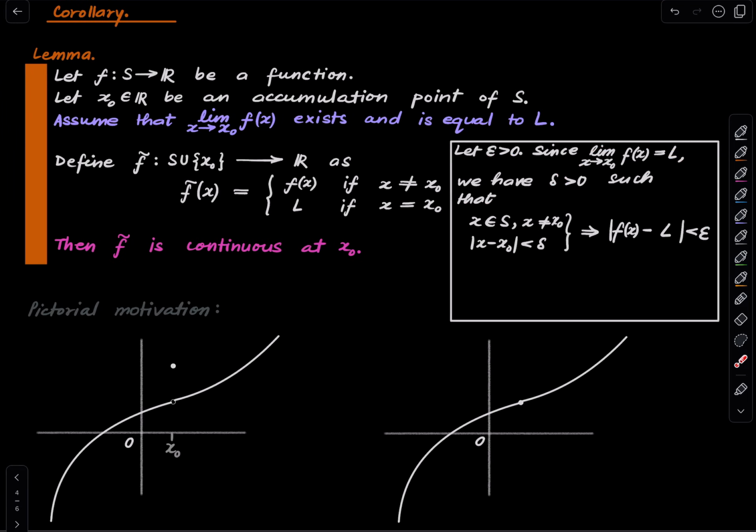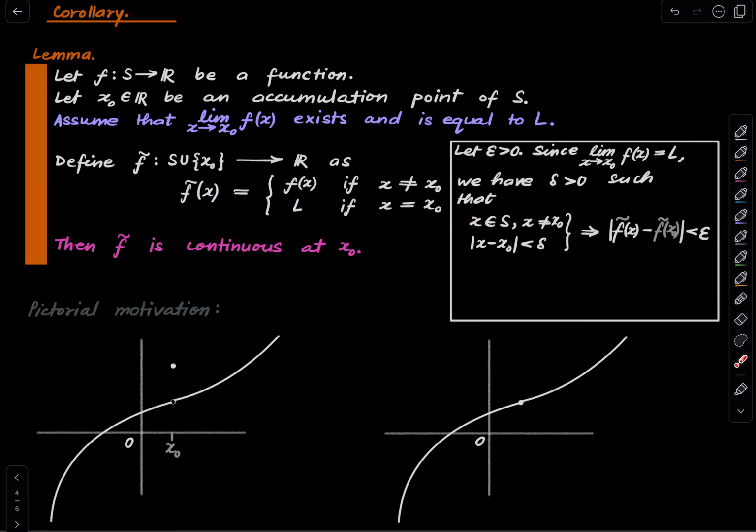Now, instead of f of x, I can easily write f tilde of x, because when x is not equal to x naught, f tilde x equals f of x. That's the definition of f tilde. So there is nothing wrong with it. And instead of L, I will write f tilde of x naught, because f tilde of x naught is L by definition. Okay, so we have this.